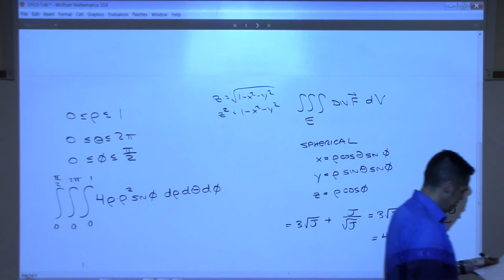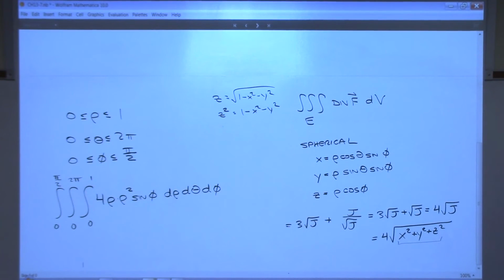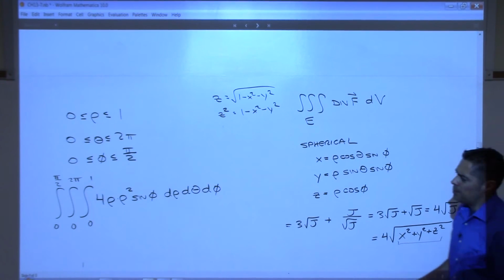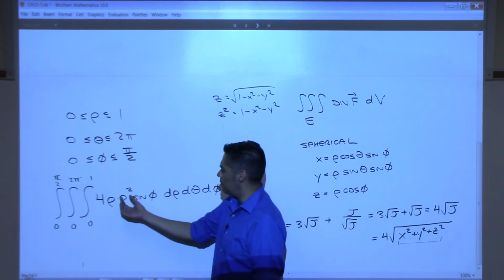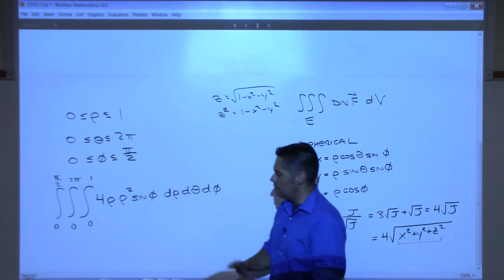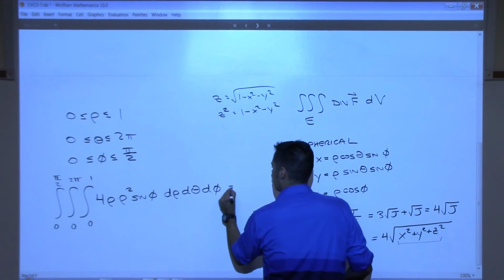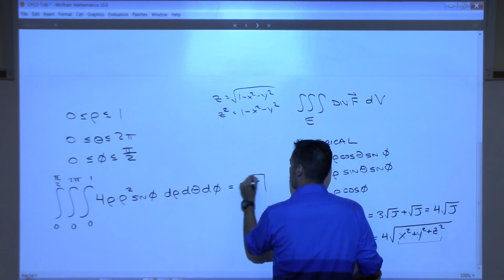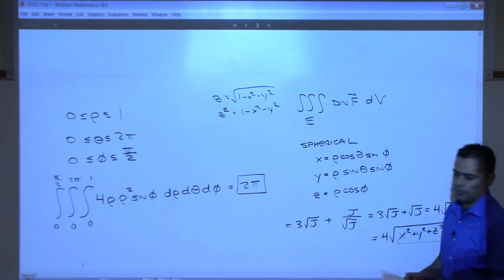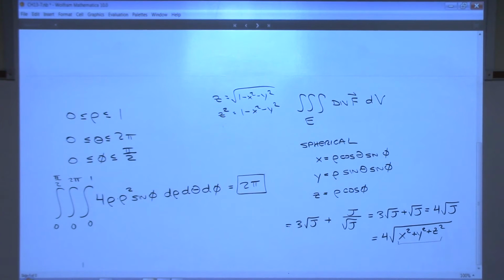Dot, dot, dot. Yeah, you could split this up because your rho's are separated from your phi's, and so the answer here is 2 pi. Nice clean answer. All right.